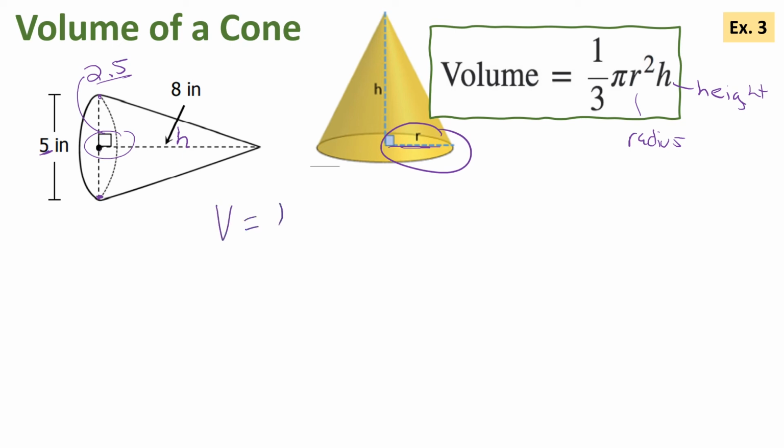Volume equals 1/3 pi times r. R is 2.5 squared times h. And then 2.5 squared, let's see, that is 6.25.